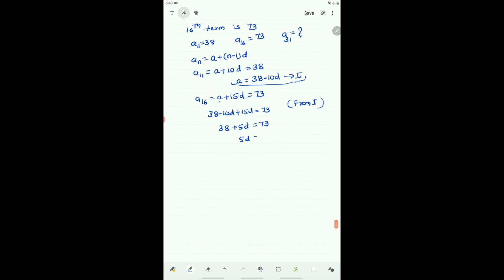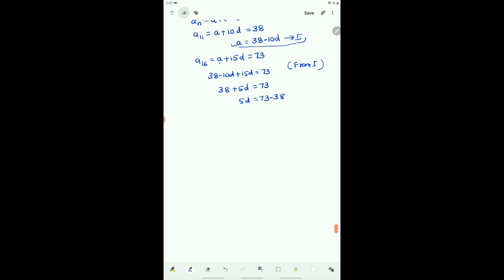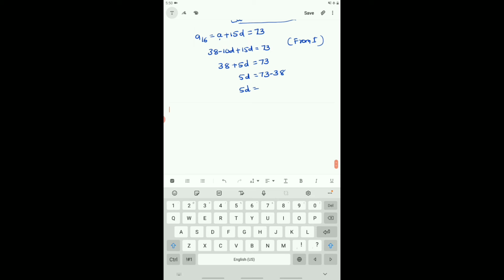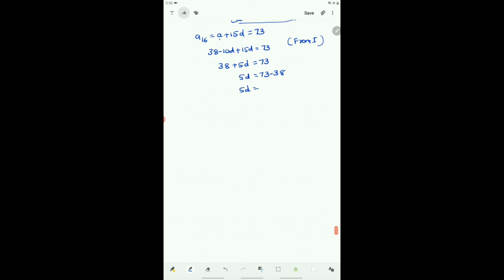So 5d is equals to 73 minus 38. 73 minus 38 is 35. So d is equals to 35 by 5, that is 5 sevens are 35. So you got d is equals to 7.